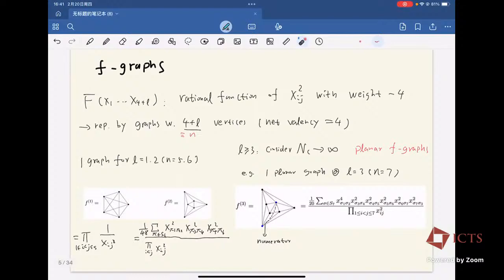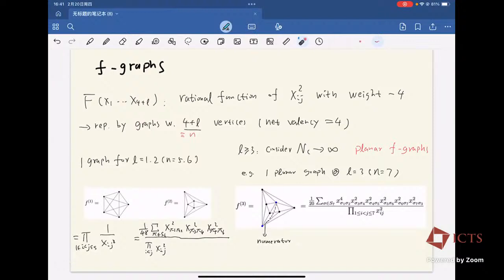So there's a very nice graphical way to describe this loop integrand. We want to find the rational function that depends on all the xij squared of these points. And since it's conformally invariant, every external point, every label, should appear in this rational function with weight minus 4, because the integration measure is d4L, right?